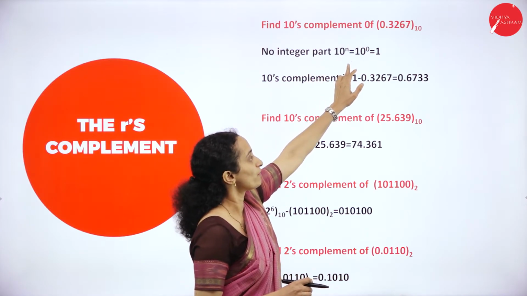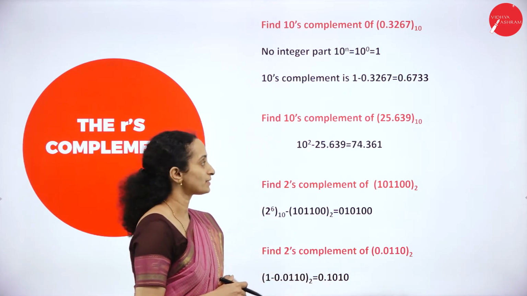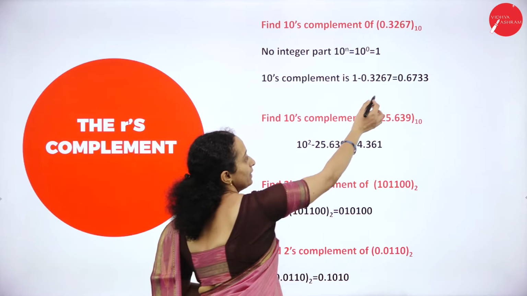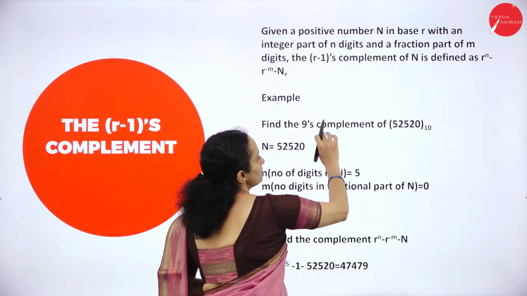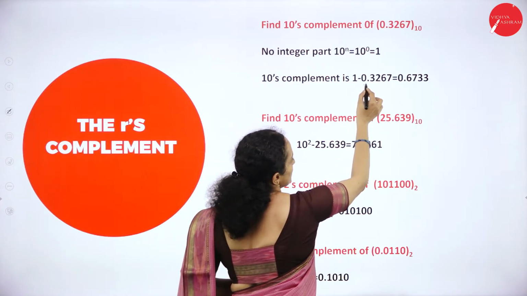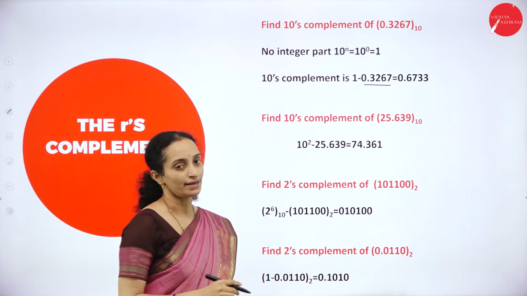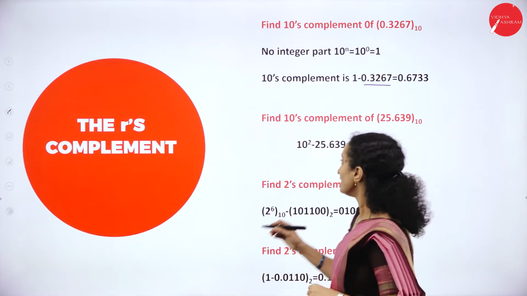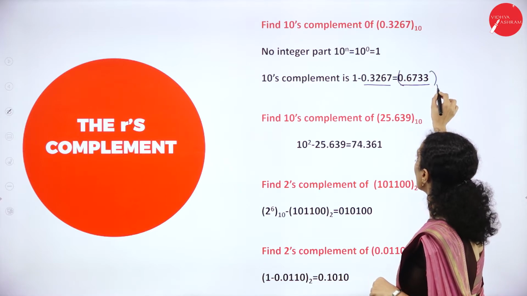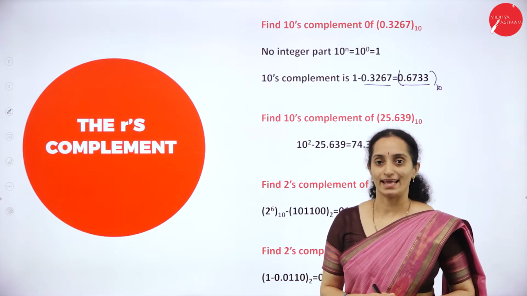So 10 to the power of 0 equals 1, is it not? So the 10's complement can be calculated by subtracting 0.3267 from 1, which gives the result 0.6733 with the base 10.